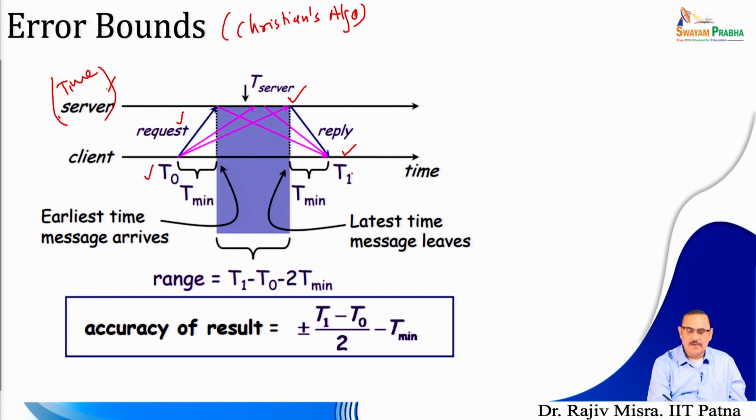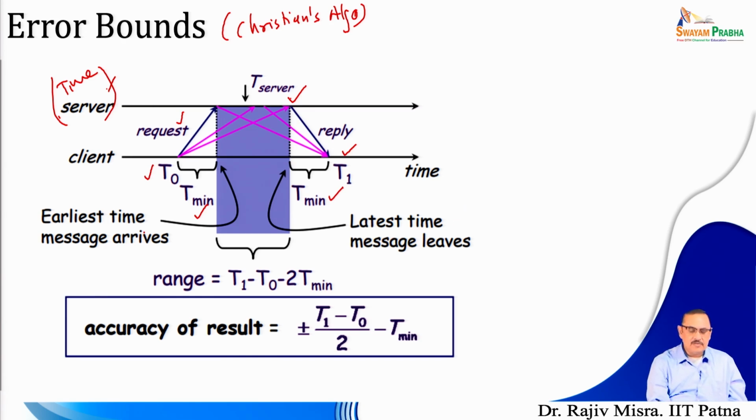Let us see how the client will synchronize its clock in this manner. Let us assume that the message delay bound is T min, and on the other side, receiving the message from the server is bounded by the same amount.